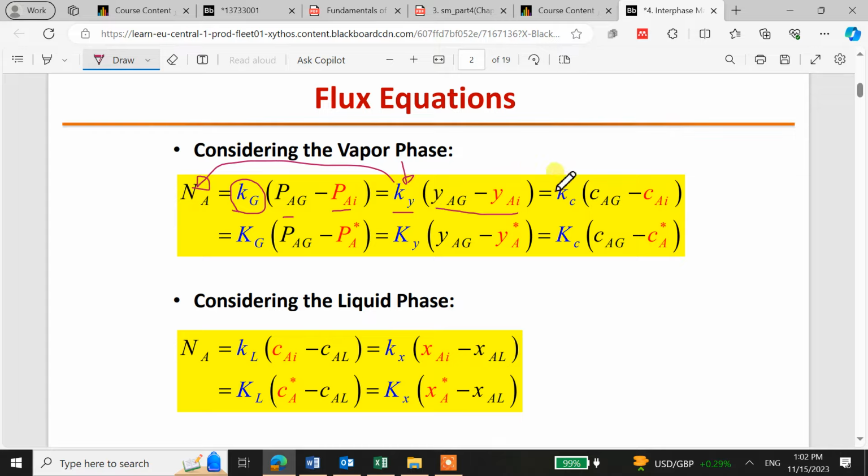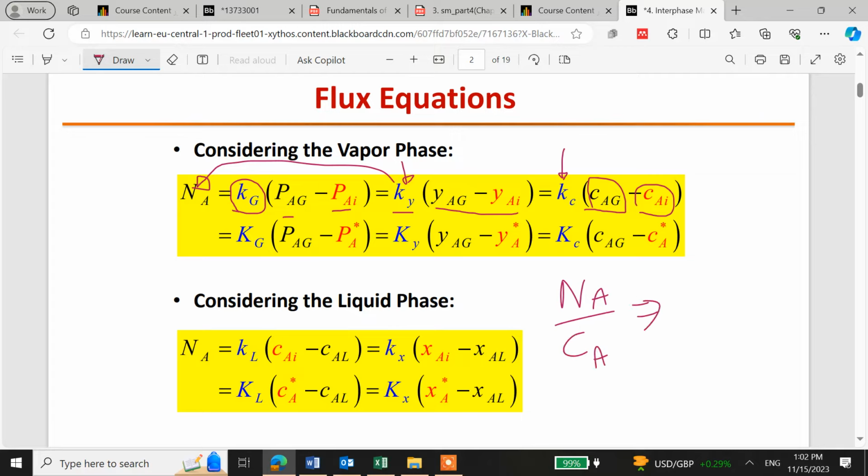Now, if the concentration is given in the gas, with a bulk concentration and an equilibrium concentration, then your mass transfer coefficient changes to Kc. So what will the unit of Kc be? The unit of Kc will be the unit of flux divided by concentration.